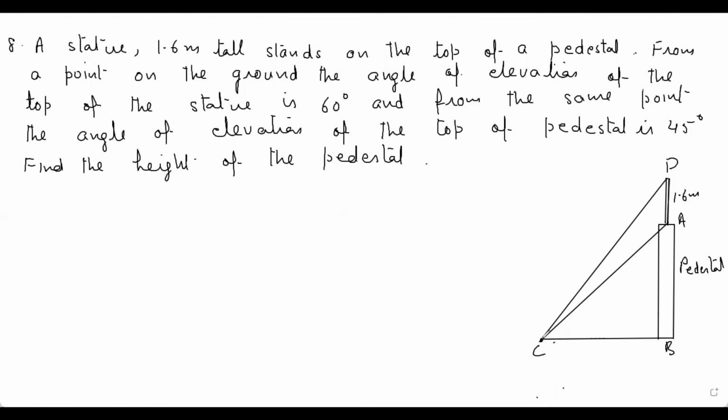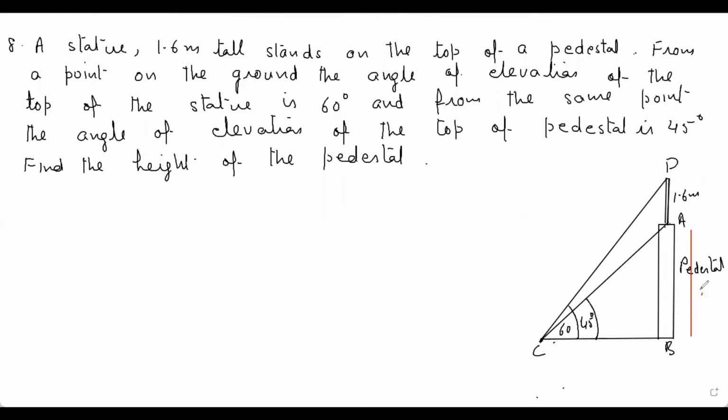From the point on the ground, the angle of elevation of the top of the statue is 60 degrees, so this angle is 60 degrees. And from the same point C, the angle of elevation of the top of the pedestal is 45 degrees. We are to find the height of this pedestal.